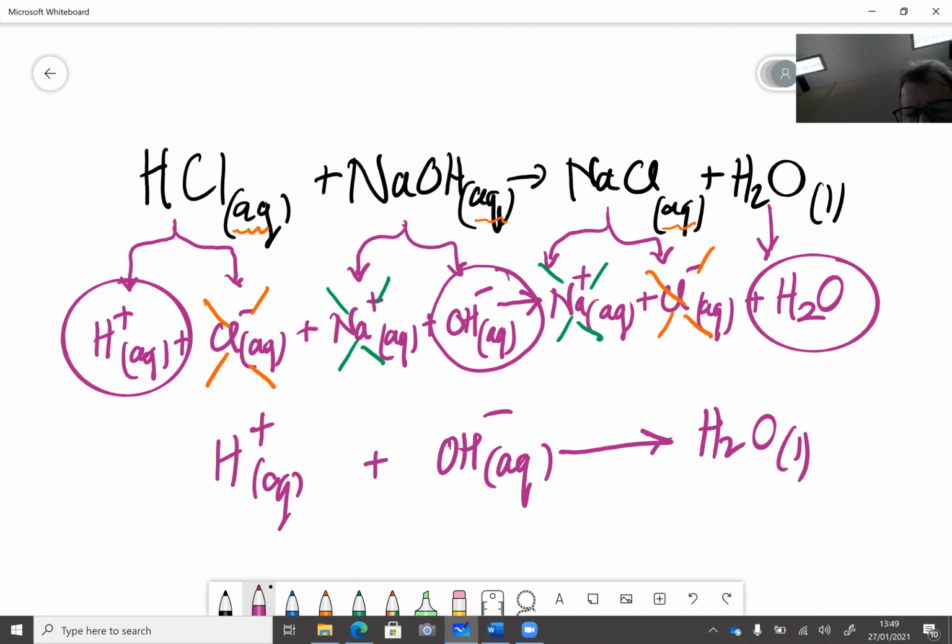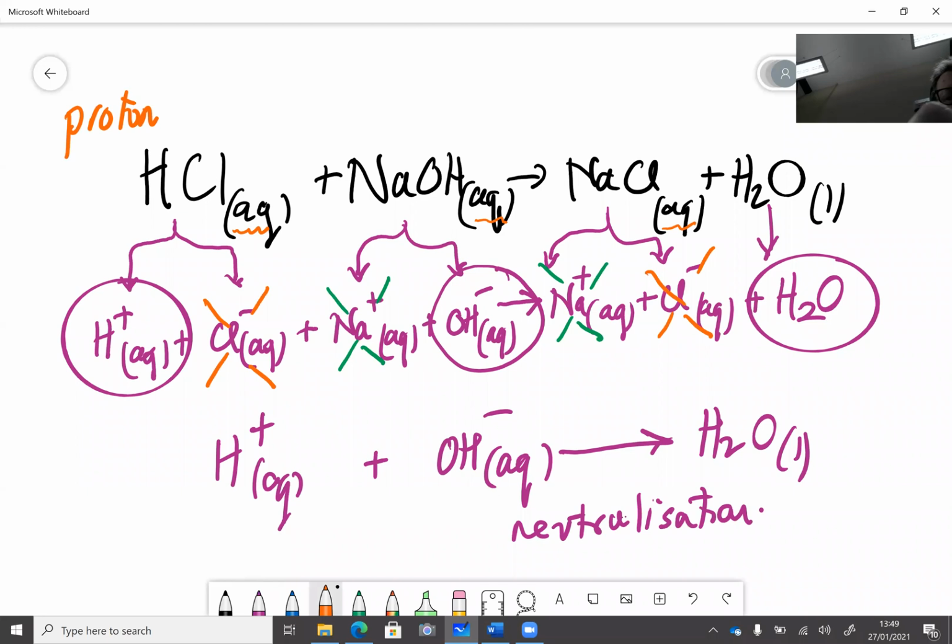And this is what you said, neutralization. But if we look at it in a slightly different way, this came from the acid, so the acid is a proton donor. You said that. And the OH- grabs the H+.